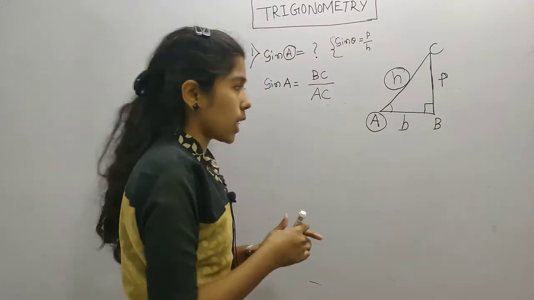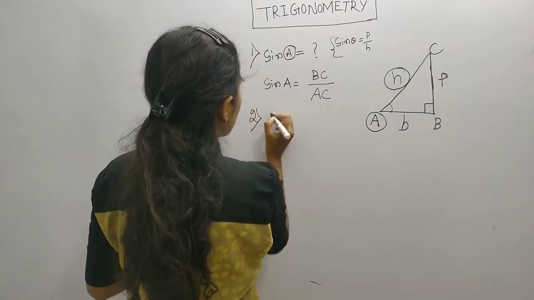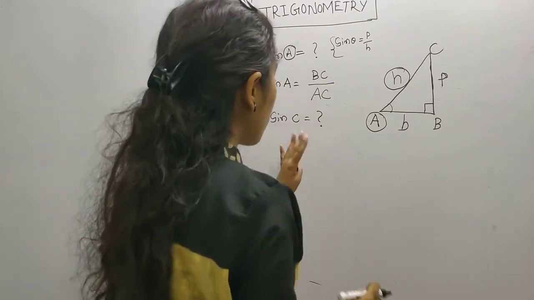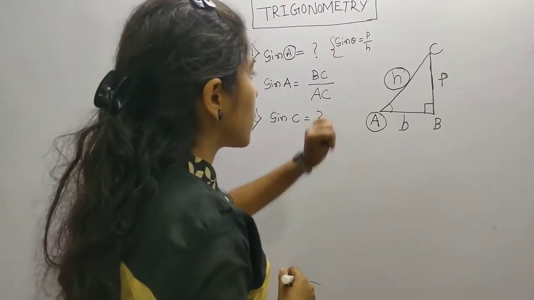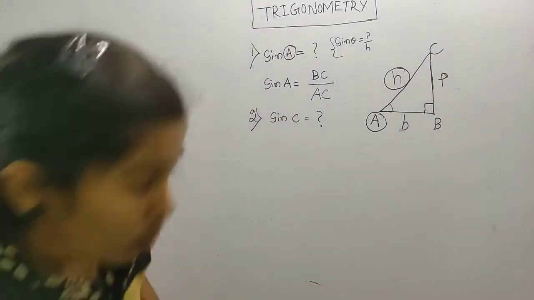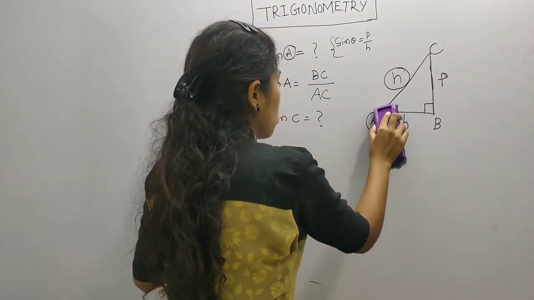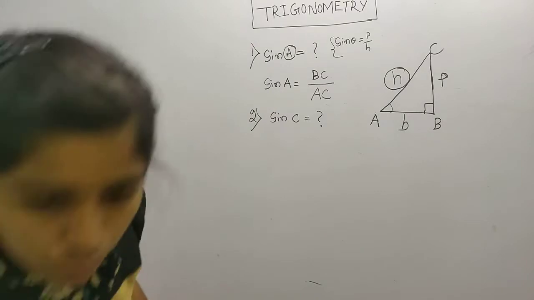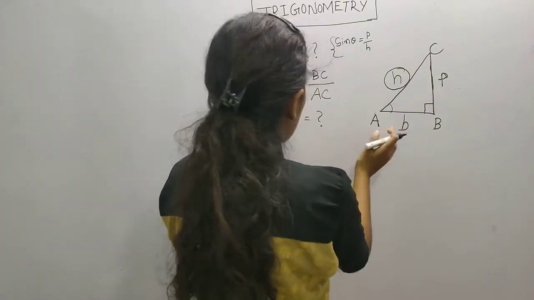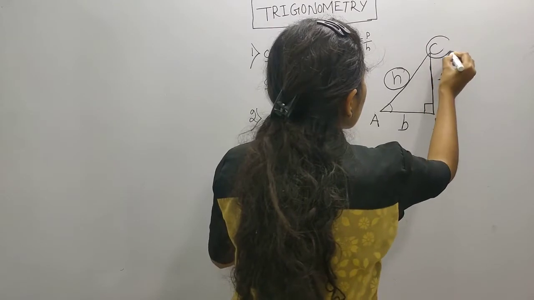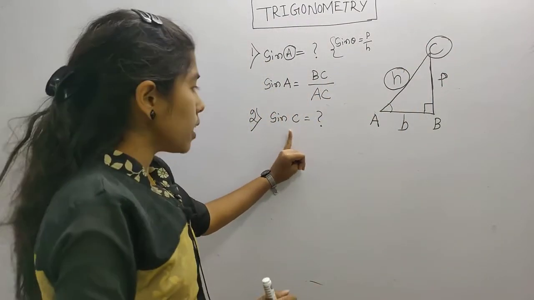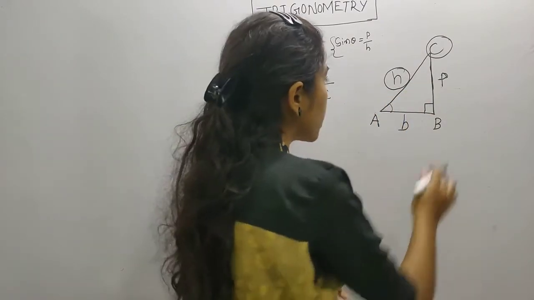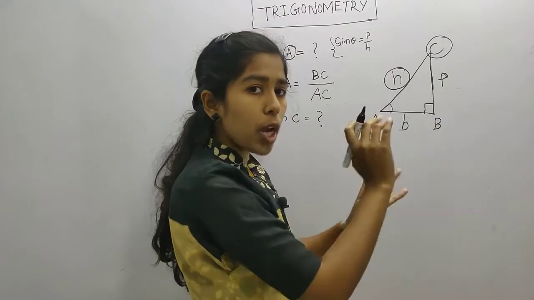Similarly, let's change the angle. Suppose it asks you sin C. So, here the angle changed. You can see C. See how you can do it? It's very easy. Now we will look at angle C, because in the sine it's given as angle C. The hypotenuse will remain the same, no problem with that. Then we have to exchange the perpendicular and base.